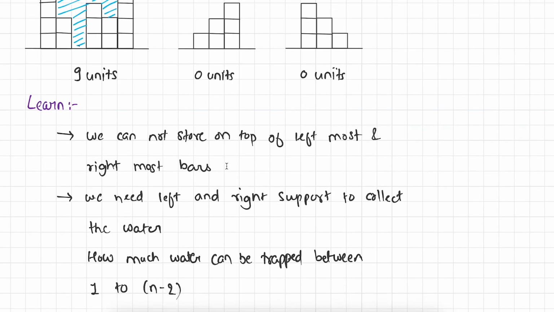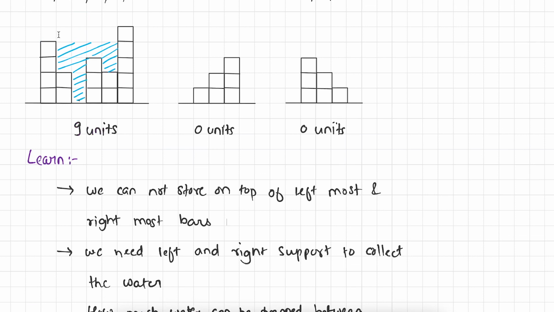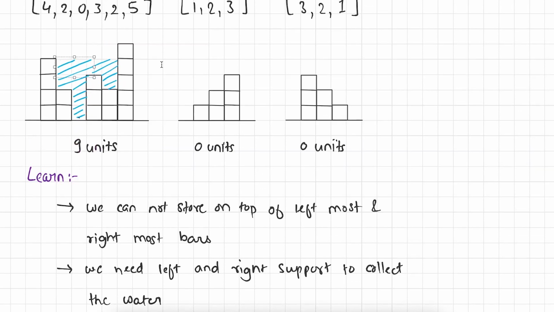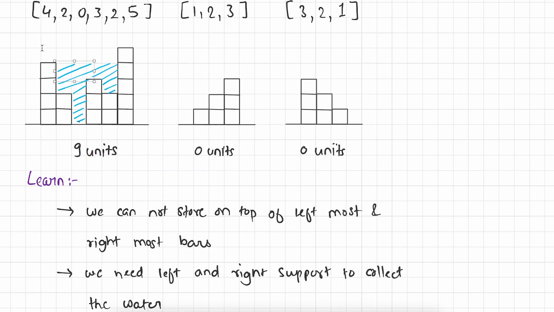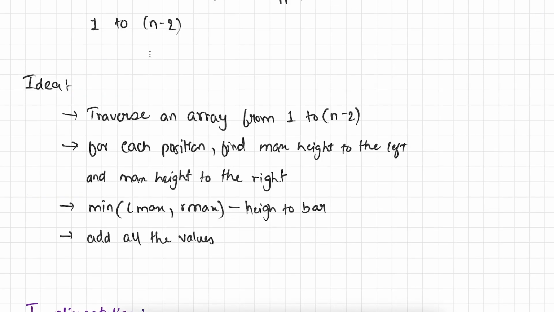It means we can only collect water between 1 and n-2 elements. Because on top of these two bars we cannot collect water, so we can collect water between these bars only. So let's use this learning and implement an algorithm to solve this problem.